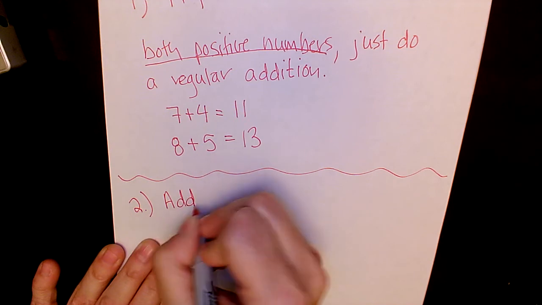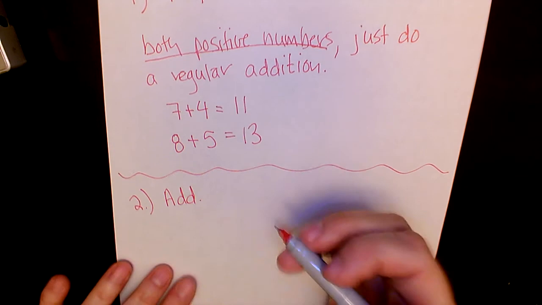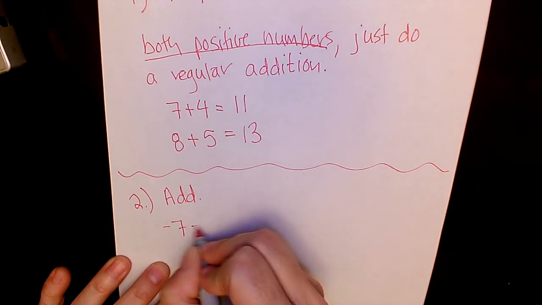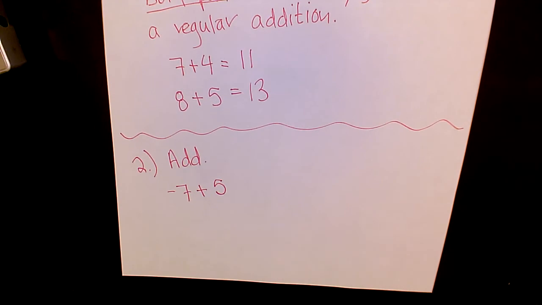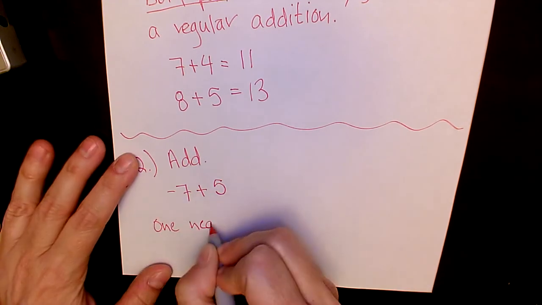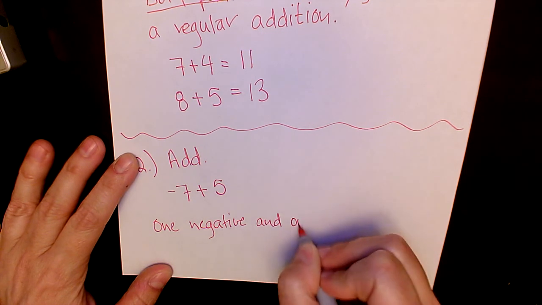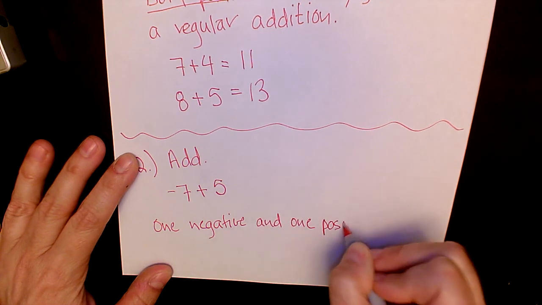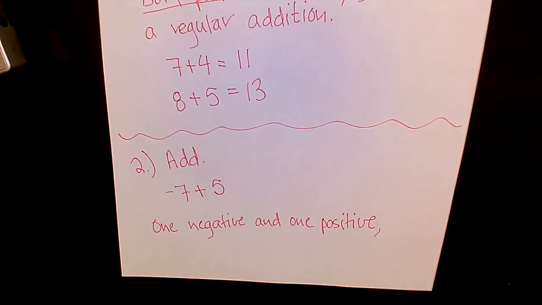Okay, again. Let's say I've got a negative 7 and a positive 5. So I've got one negative and one positive. My 7 is negative, my 5 is positive.